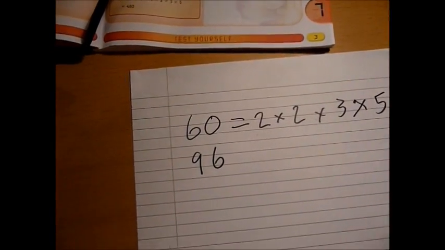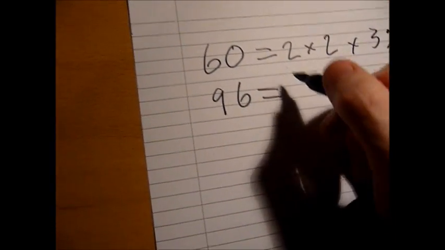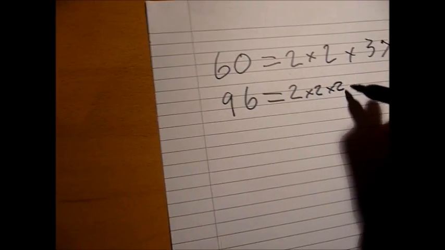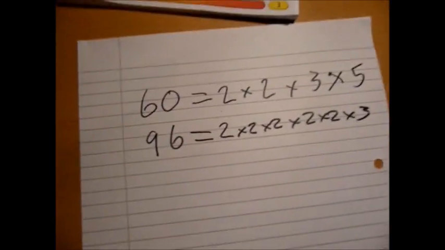That's what we did last video. 96 is 2 times 2 times 2 times 2 times 2 times 3. Pretty sure that's 96. 1, 2, 3, 4, 5. Yeah, that's 96.